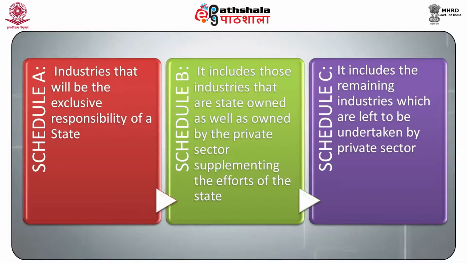Schedule B industries included those which are the responsibility of the state as well as those owned by the private sector, who would be supplementing the effort of the state. And Schedule C was meant to include the remaining industries, which are left to be undertaken by the private sector.